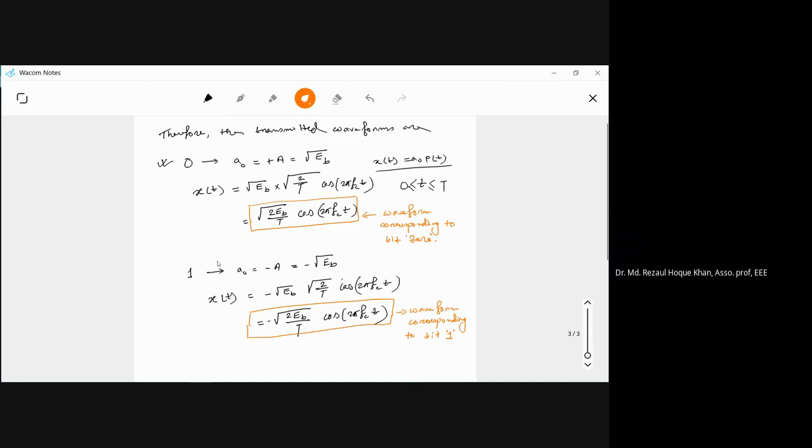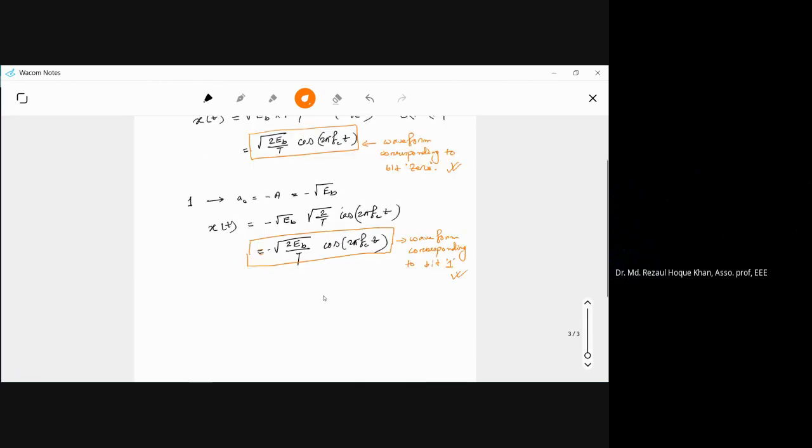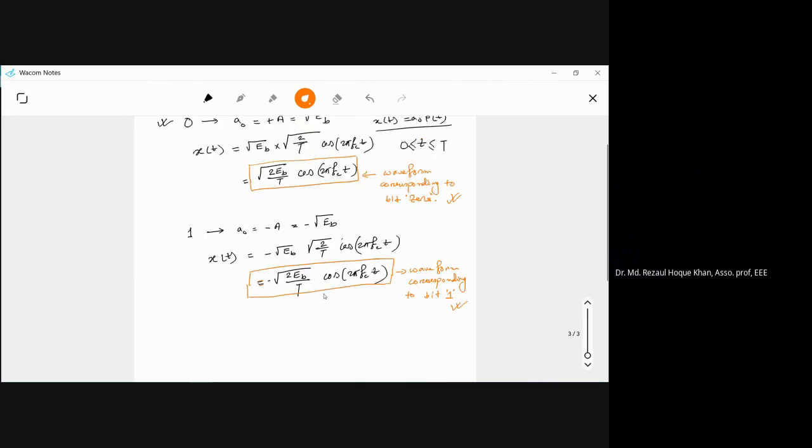So we find, for both bit 0 and bit 1, the expression for the waveform, right? One corresponding to bit 0, one corresponding to bit 1. If we summarize it, this is corresponding to 0, waveform 1.